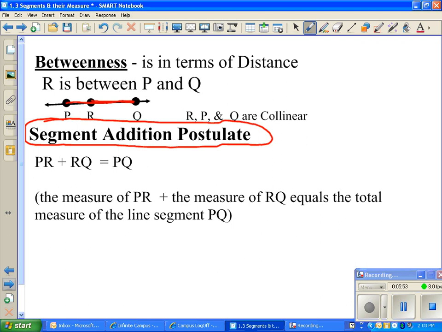Got me? If I have PR side by side, I know that I'm talking about the length. If I see PR written with a little line segment above it, I know you're actually just naming that segment. You got me? You're going to have that on your test. You're going to have to know the difference. So, two smaller sections of the segment added together give me the bigger segment. With me? PR + RQ gives me the whole segment.